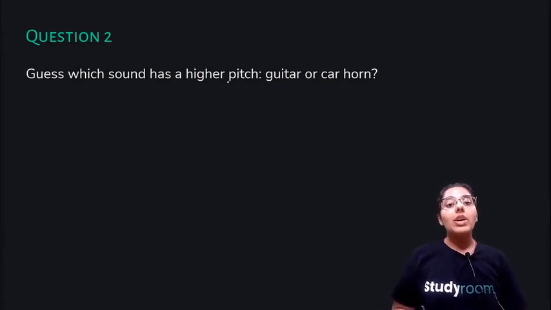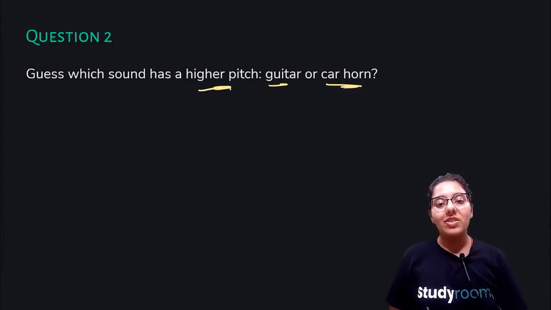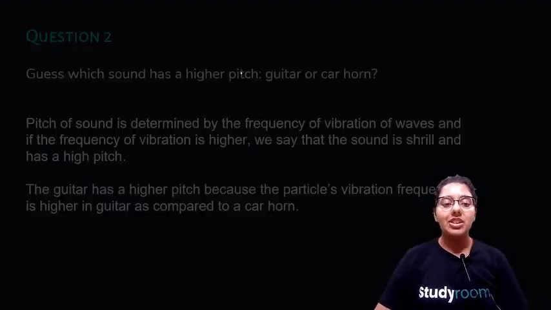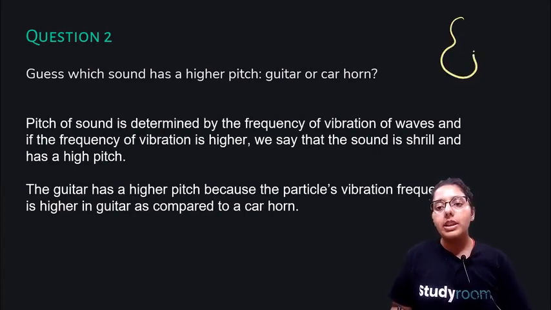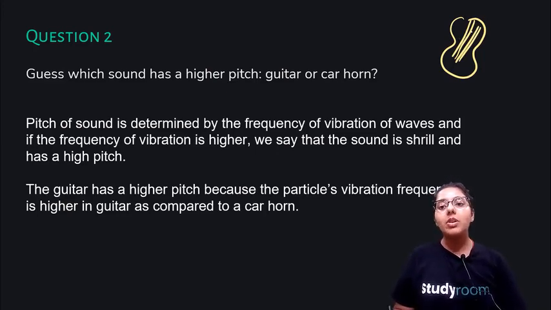Guess which sound has a higher pitch, a guitar or car horn? Now you guess which has a higher pitch. Of course, a guitar has a higher pitch, right? Because if we talk about a guitar, we have a lot of strings. So particles vibration, a large number of vibrations occur, right?